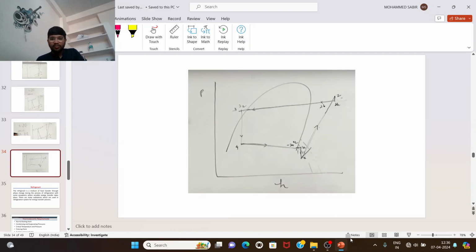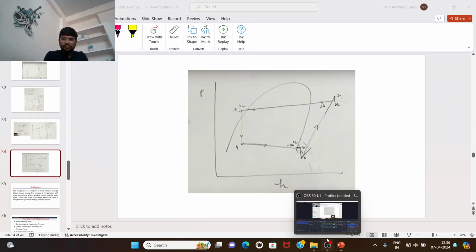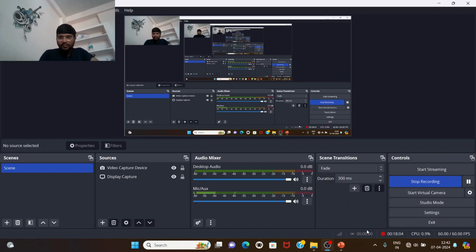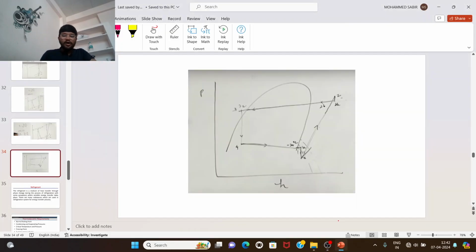When the refrigerant comes into the system... Now comes how to analyze the actual vapor compression cycle.